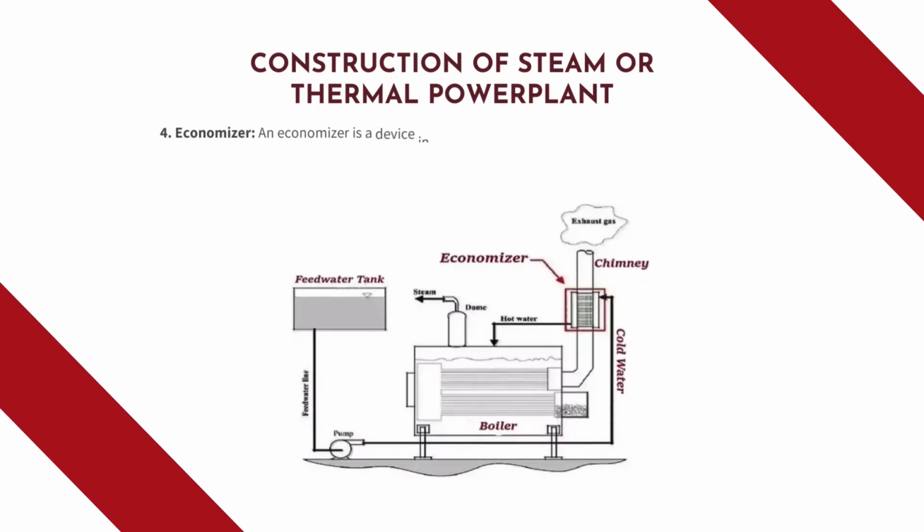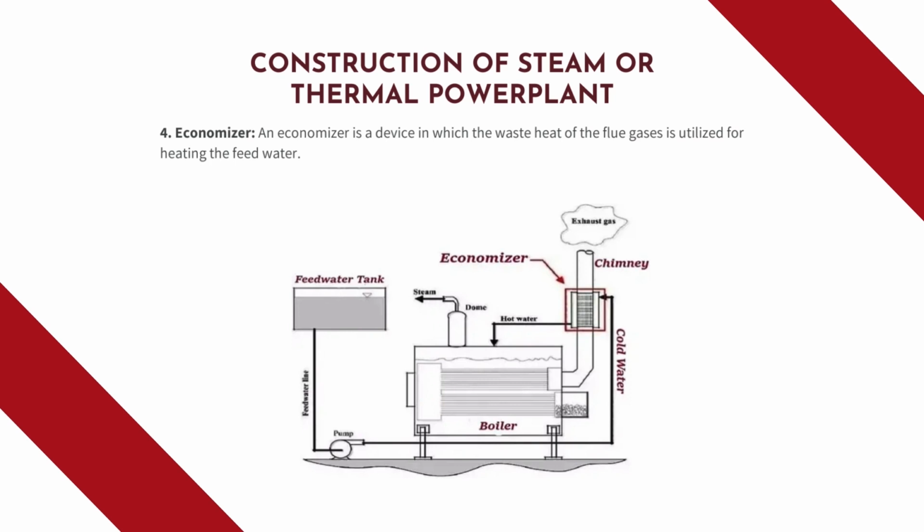Another important component of the thermal power plant is the economizer. An economizer is a device in which the waste heat of flue gas is utilized for heating the feed water.